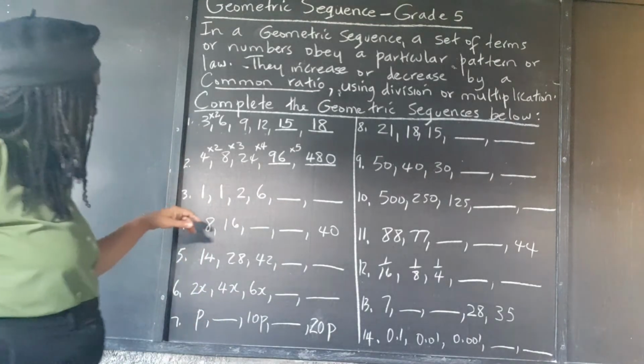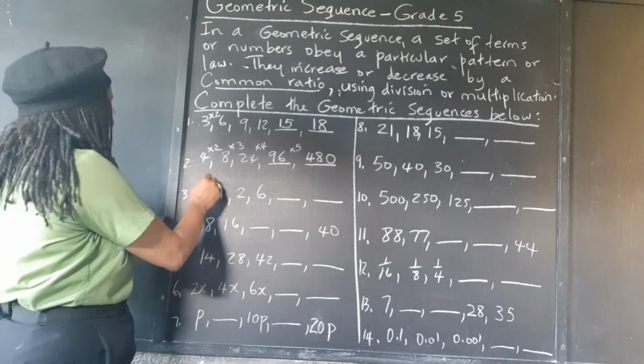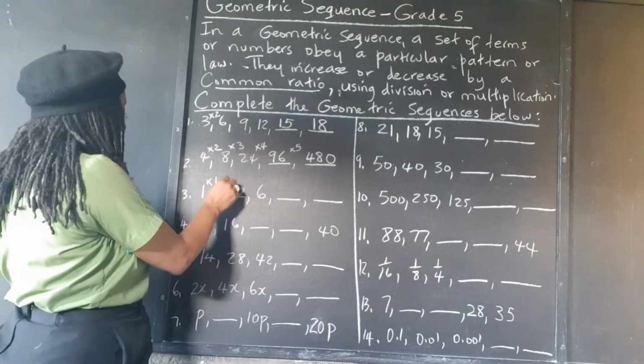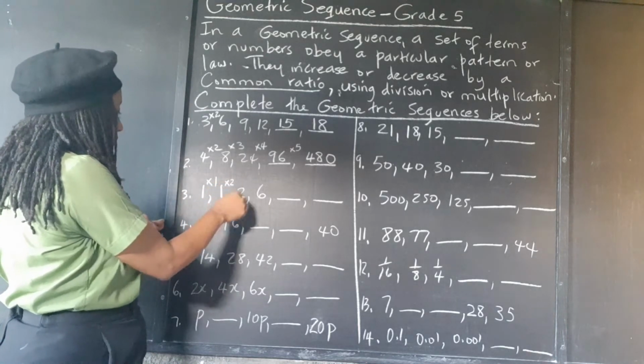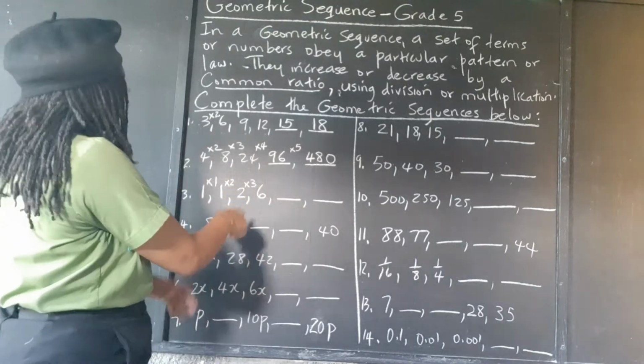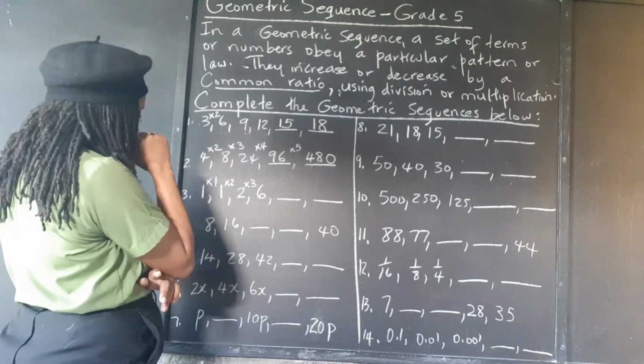Alright, so 1 to 1. So we multiply by 1. 1 times 1 gives 1. 1 times 2 gives 2. 2 times 3 gives 6. So multiply by 1, multiply by 2, multiply by 3.